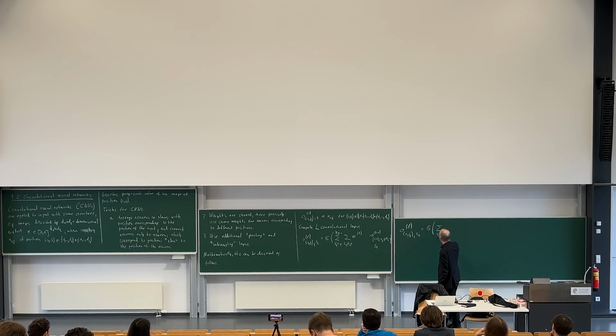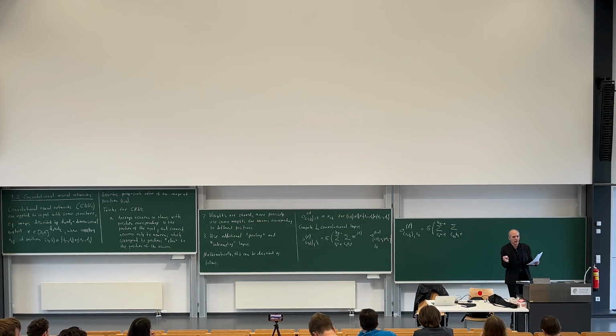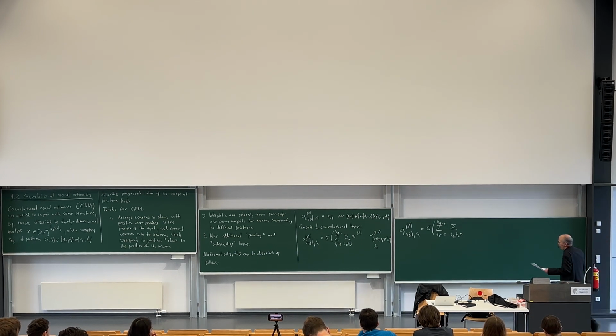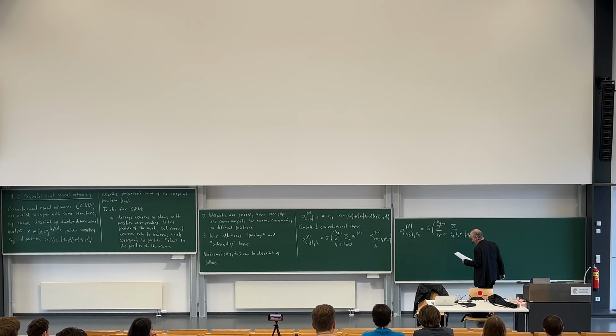You have K^(L-1) neurons in the layer L minus 1 before layer L. You sum over T1, T2, and I could make it symmetric around 0, but I make it not symmetric around 0. This depends on what you like more. I make it until some filter size, and that's here in capital M_L.